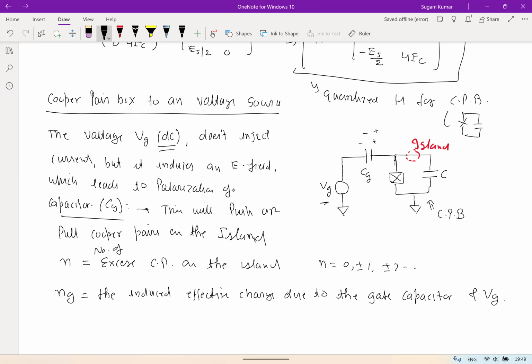So it is going to create an electric field, maybe in this direction or maybe in this direction. It doesn't matter. Let us say you have positive charge here.